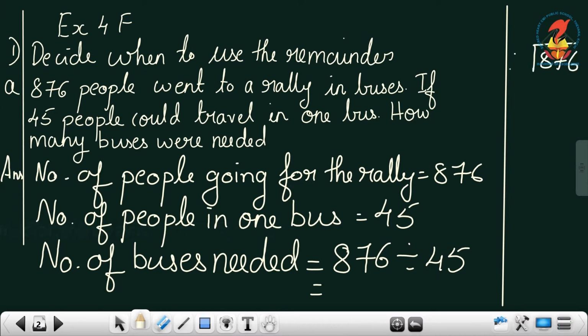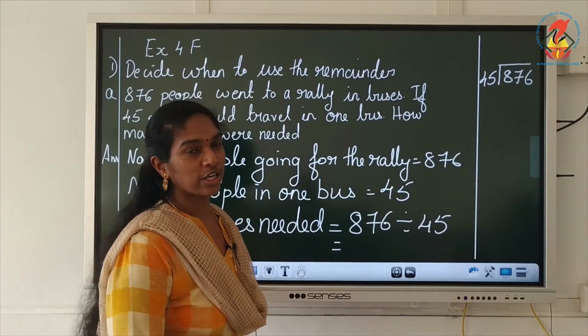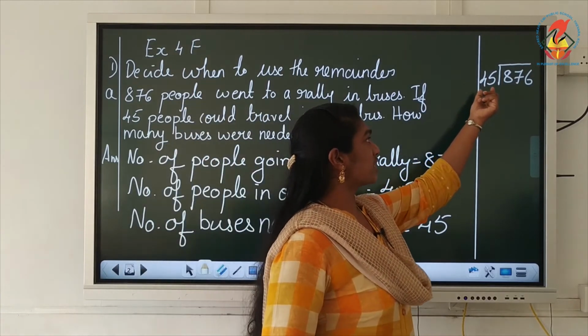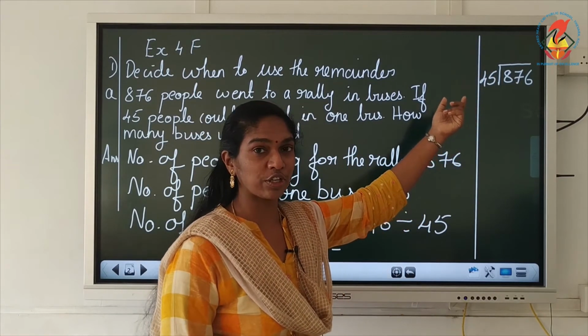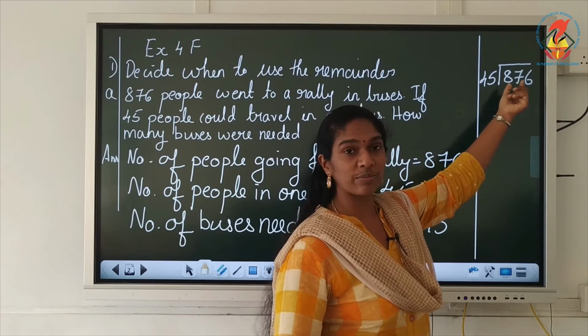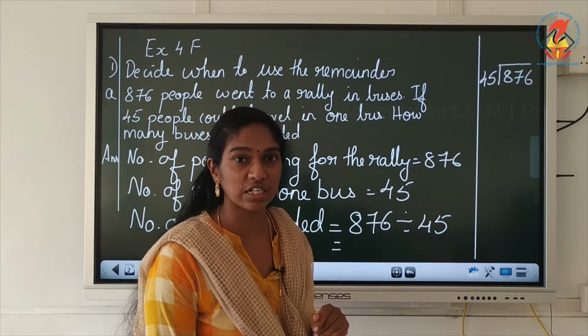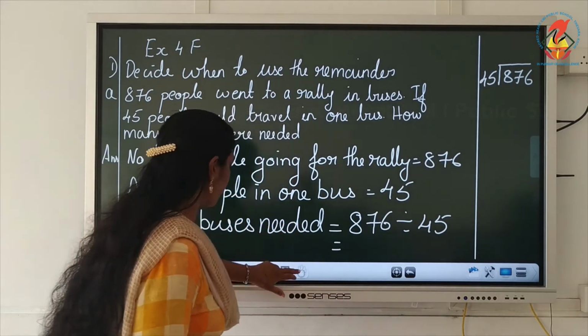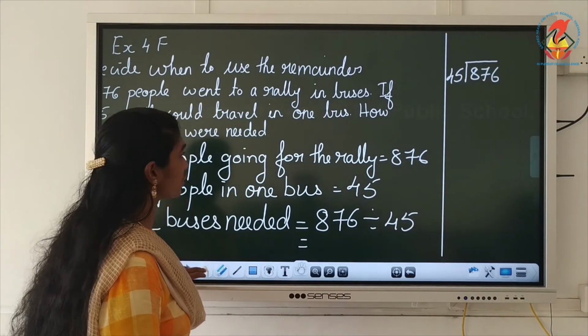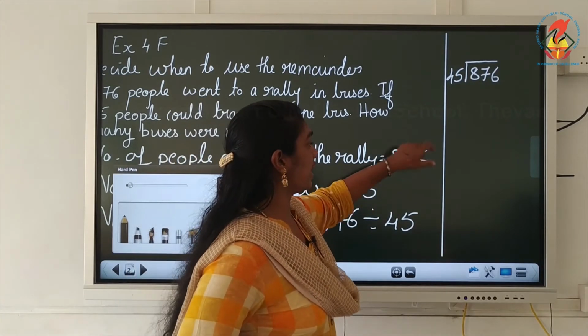876 divided by 45. Remember how to divide? Starting with two digits. You are having the divisor as 45. So take two digits from here: 87. 87 is greater than 45, so we can start our division. Now you have to decide in the 45 table.